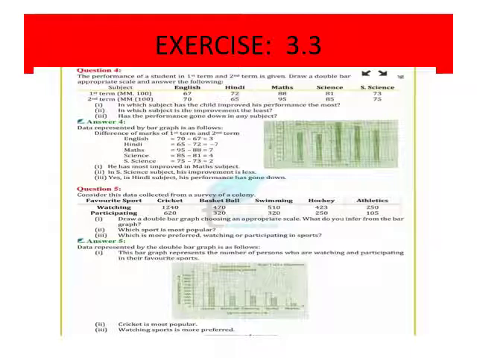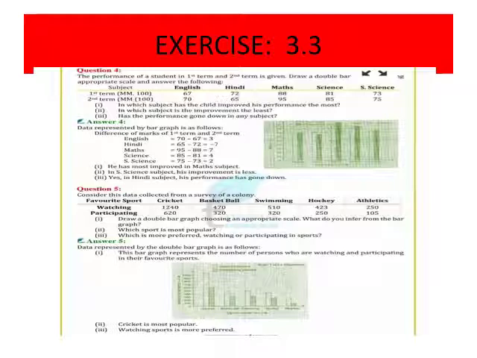Hindi, second term 65, first term 72, so he has gone down, so minus 7. Maths 95, 88, improvement of 7 marks. Science 85, 81, improvement of 4 marks. Social Science 75, 73, improvement of only 2 marks.